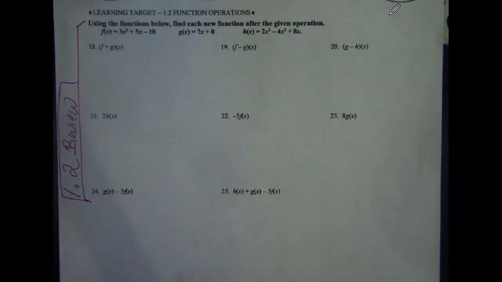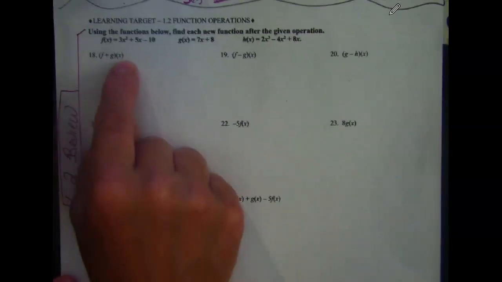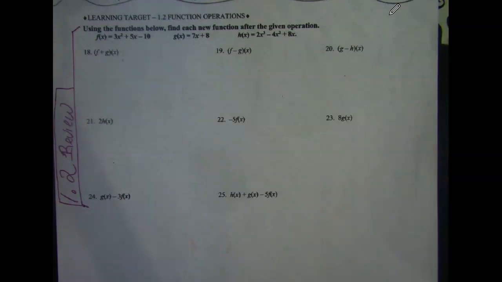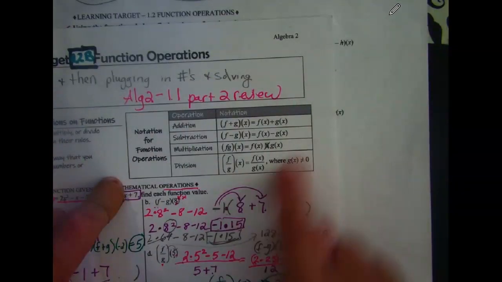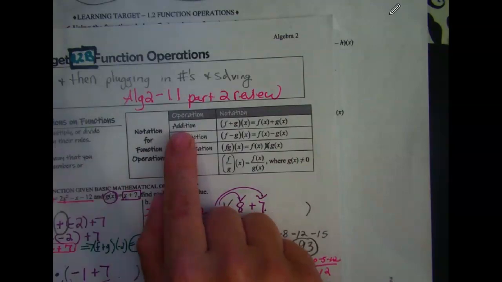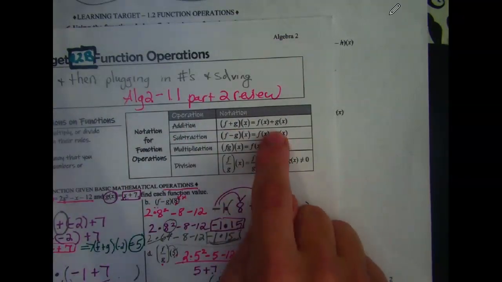We are using all where we have the X. So we're going to be plugging functions into each other, doing the operations, adding, subtracting, multiplying, and dividing. The front page is really nice. It sums up what we need to do. As you recall, this is the function notation, and this is really what it tells us to do to add them together.